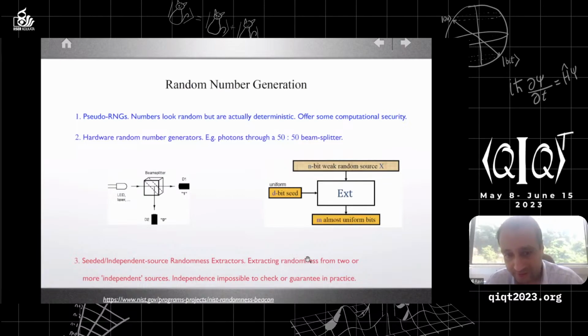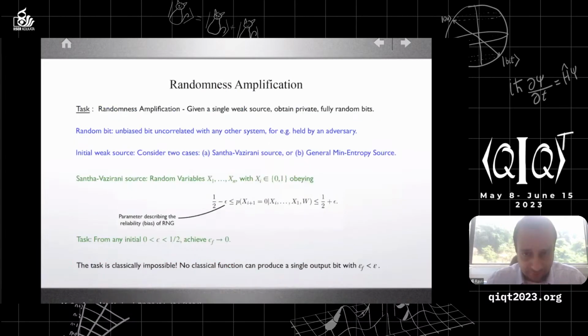So extracting randomness is only possible classically if you have two or more independent sources. Now, of course, independence of sources is impossible to check or guarantee in practice. So it's normally an assumption in classical cryptography that you have multiple independent sources. So the task that we have in quantum cryptography is to achieve randomness amplification, which means to have a single source of randomness and to obtain private, fully random bits starting from it.